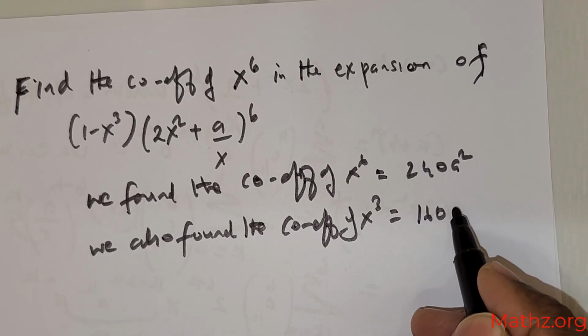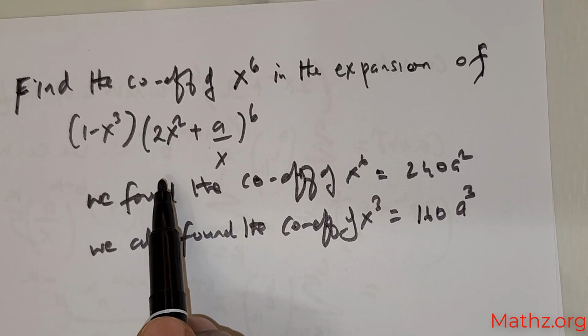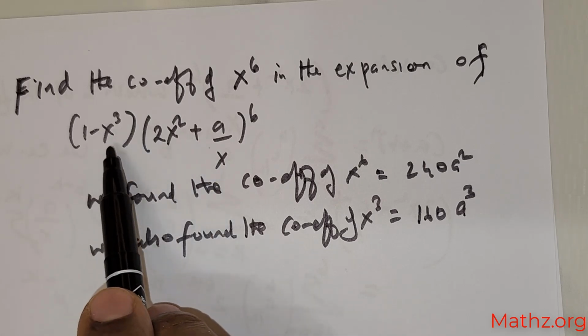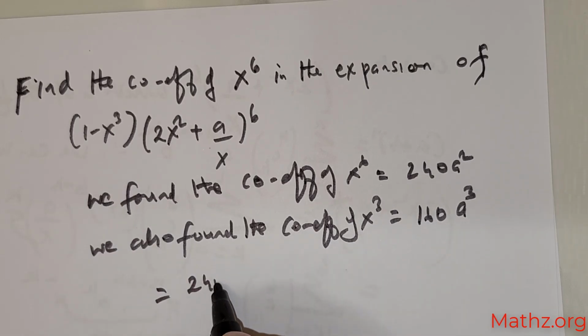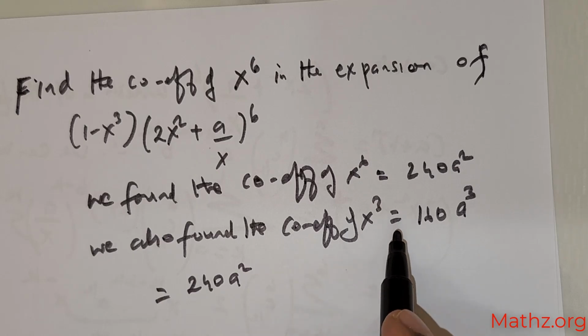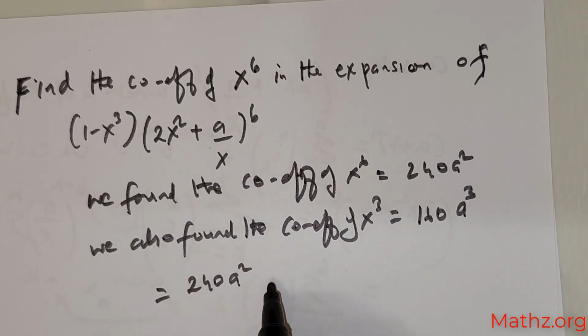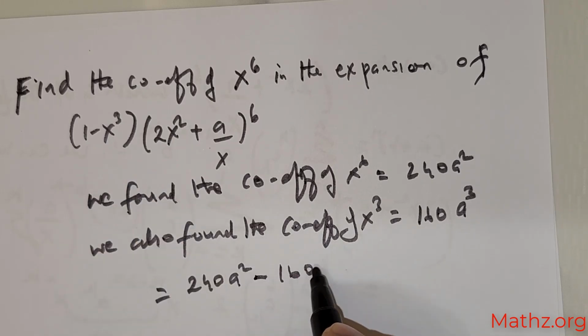That's going to be 160 a raised to the power of 3, right? Now x to the power of 3 times x to the power of 3 would give you x power 6, so we need to take that also into account. So for the first quantity the value will be 240 a squared, and for the second quantity it would have a negative sign here, so negative 160 a raised to the power of 3. So this is how it will look.